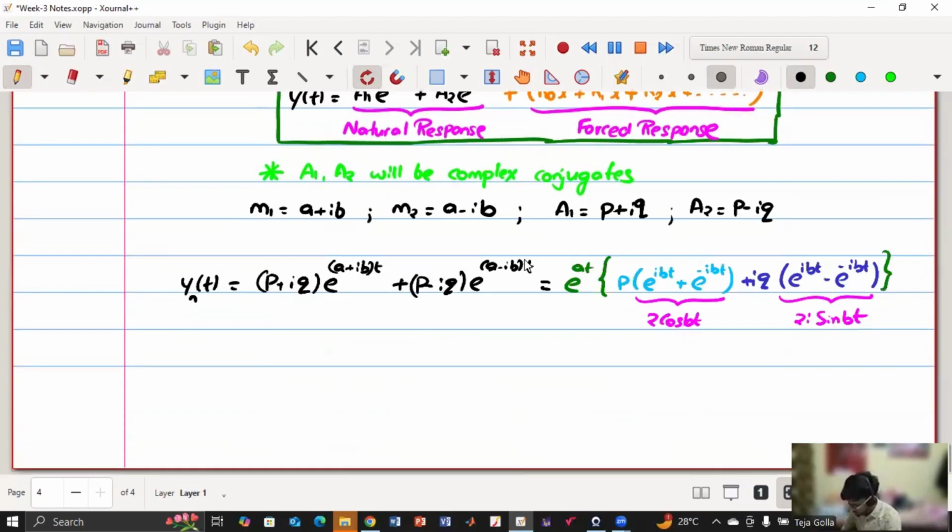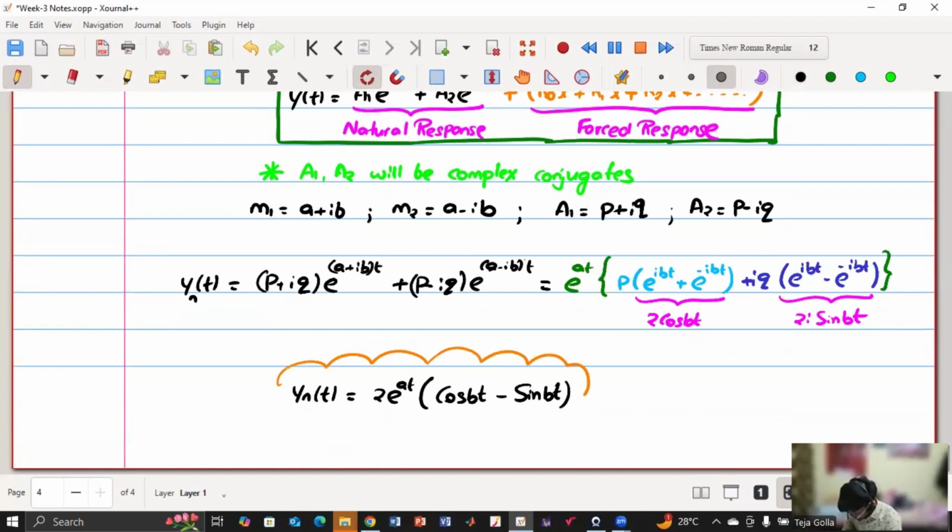So if you solve, the natural response of t is 2 into e to the power at, times cos bt minus sin bt. So it will turn into cosine and sine. This is the basic idea: if the roots are complex, they will be complex conjugates and eventually they'll become cos or sine.